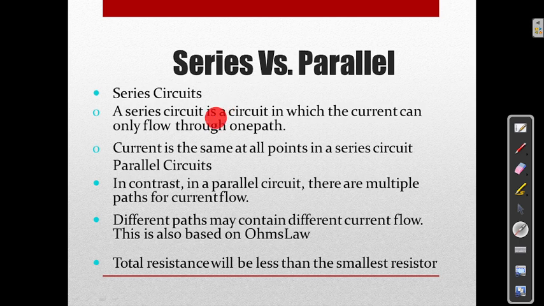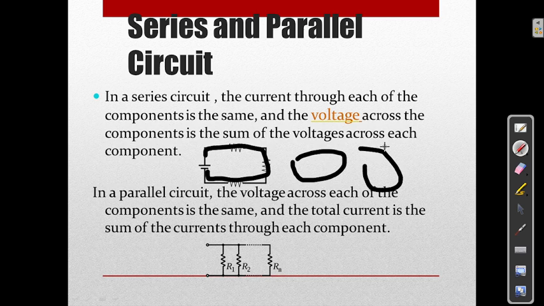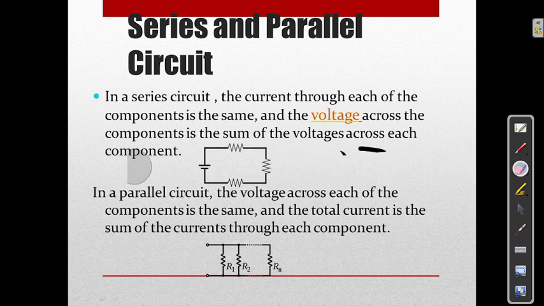Here there is only one path for current flow, as you can see in the previous diagram. There is no other way for the current to flow. This is the only path, so there is only one direction here.